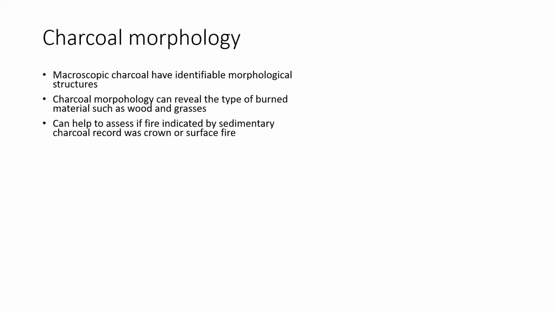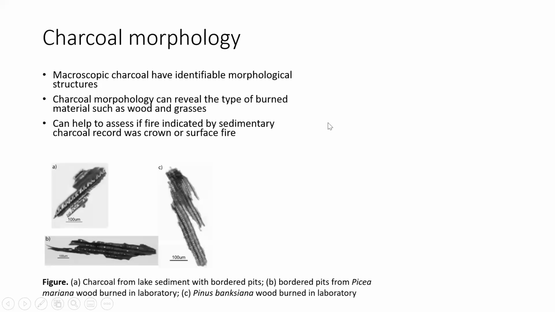And this morphology can reveal the type of burnt material, and in that sense also the type of fire, if you have had more grasses from surface fires or wood material or conifer needles and so on. And this can then be used to determine what has been burned and how severe maybe the fire has been.